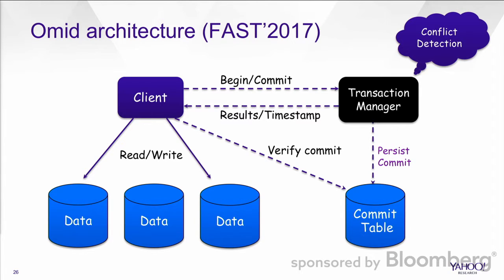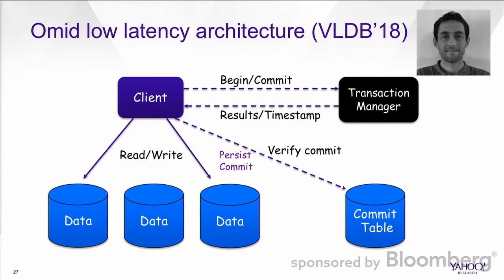And the problem that we have with that is that the write from the transaction manager to the commit table was batched. In order to get high throughput, we batched the writes to the commit table, and this was a problem. So we published this work in VLDB 2018, and we said, okay, instead of the transaction manager writing the commit to the commit table, we're distributing these writes.